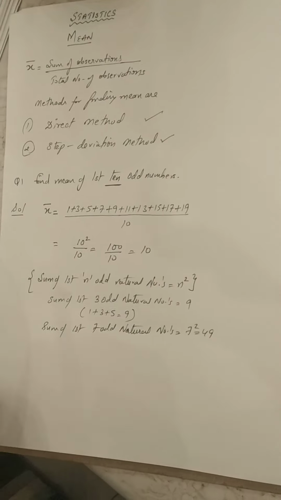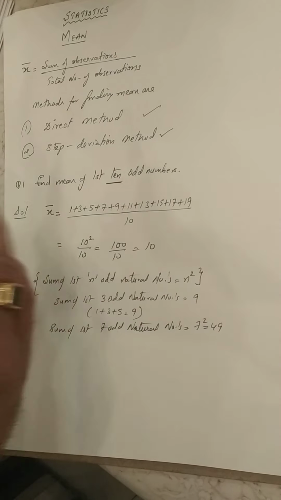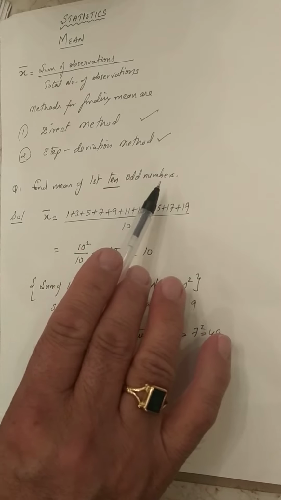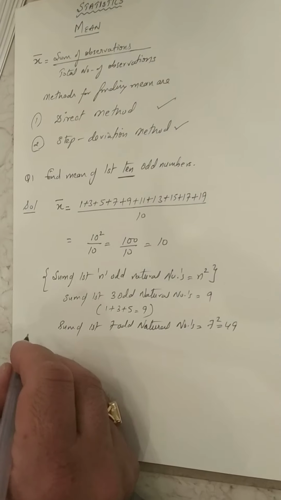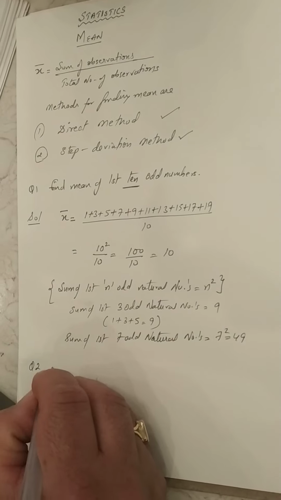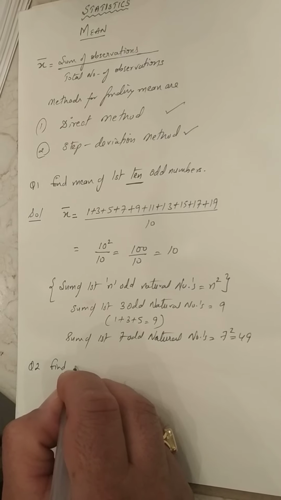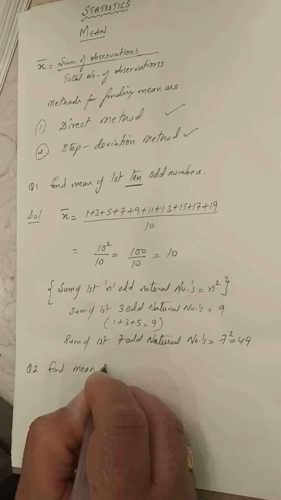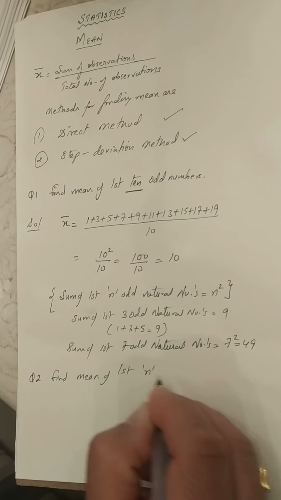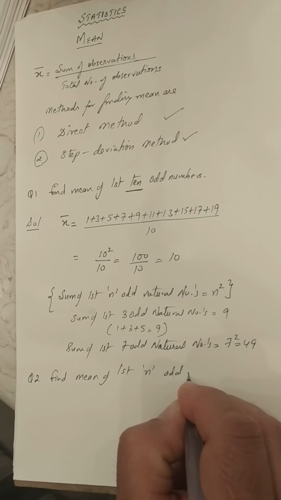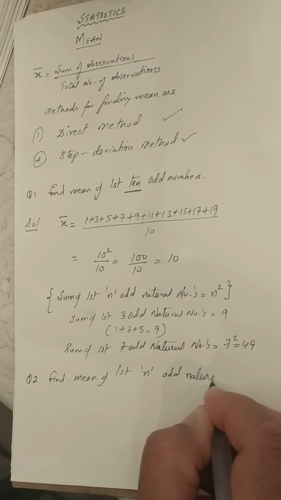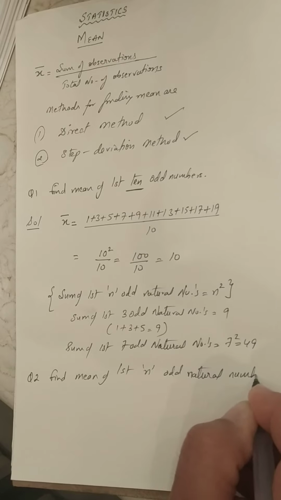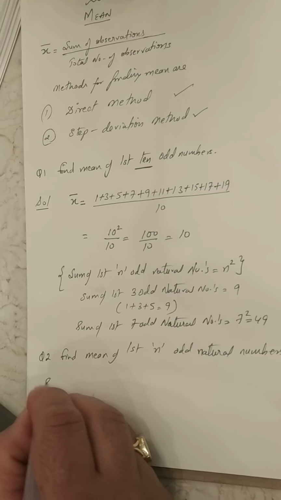So this is one simple example which was there in class 9th also: find the mean of the first 10 odd numbers. This is a knowledge question, right? Now second, suppose I say find the mean of the first n odd natural numbers. Now see, a very simple question.